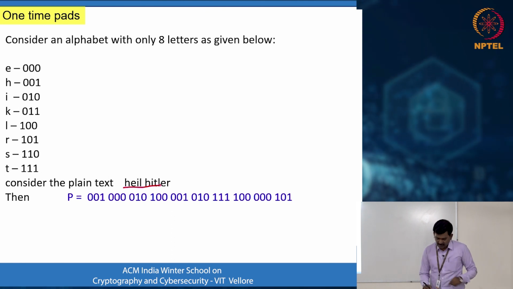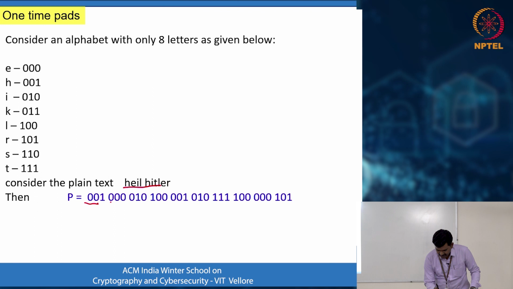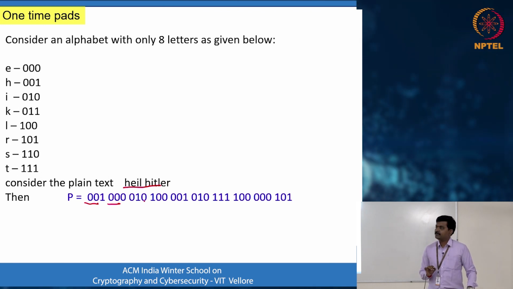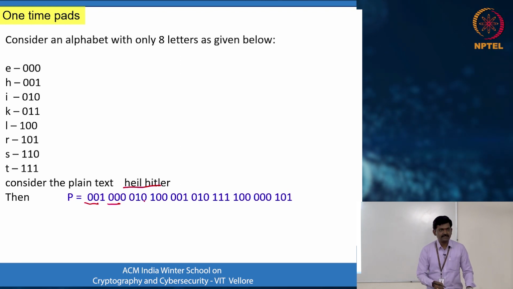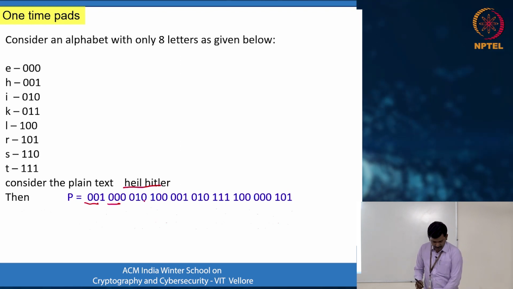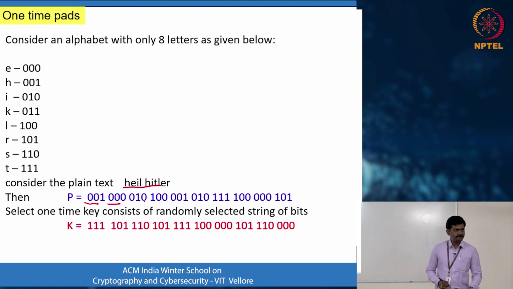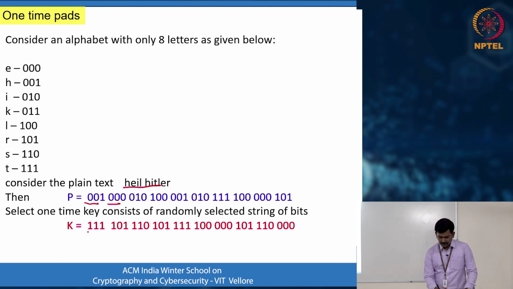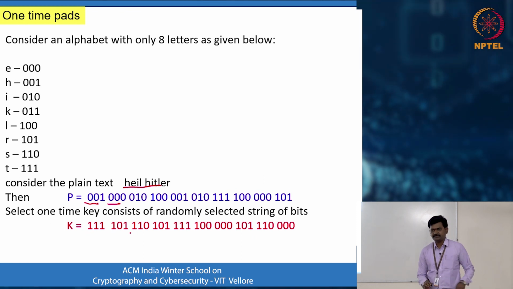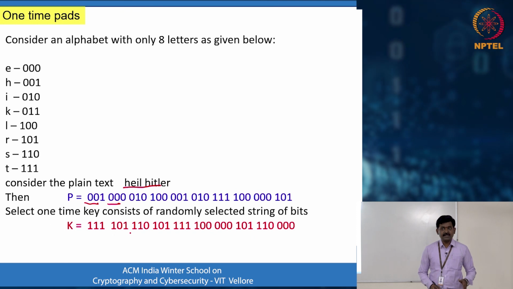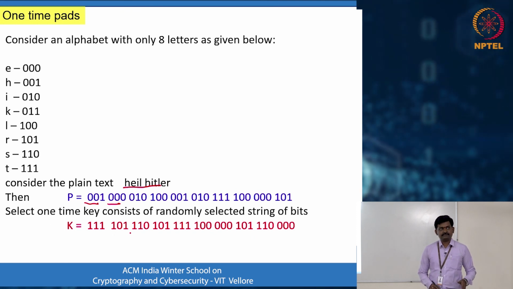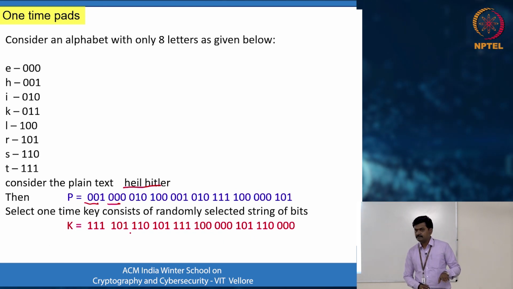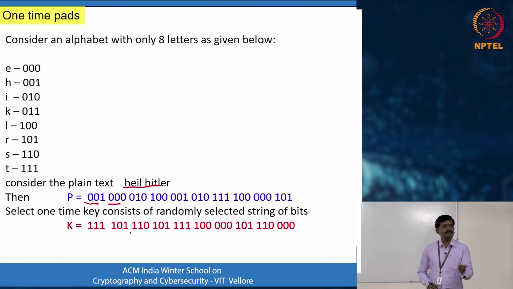Any other alphabets? No. So what we did is write the binary equivalents of each of these alphabets. Then pick the key string, a randomly generated string of length equal to the size of the plain text.